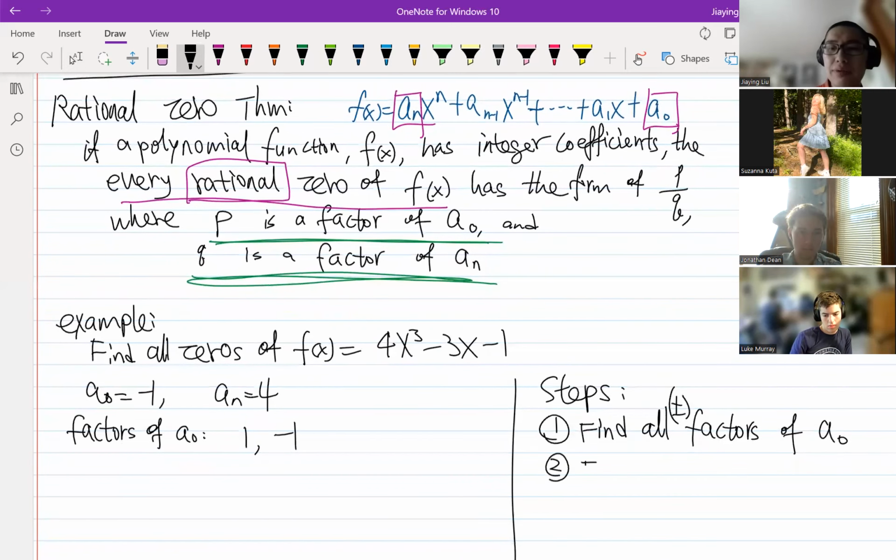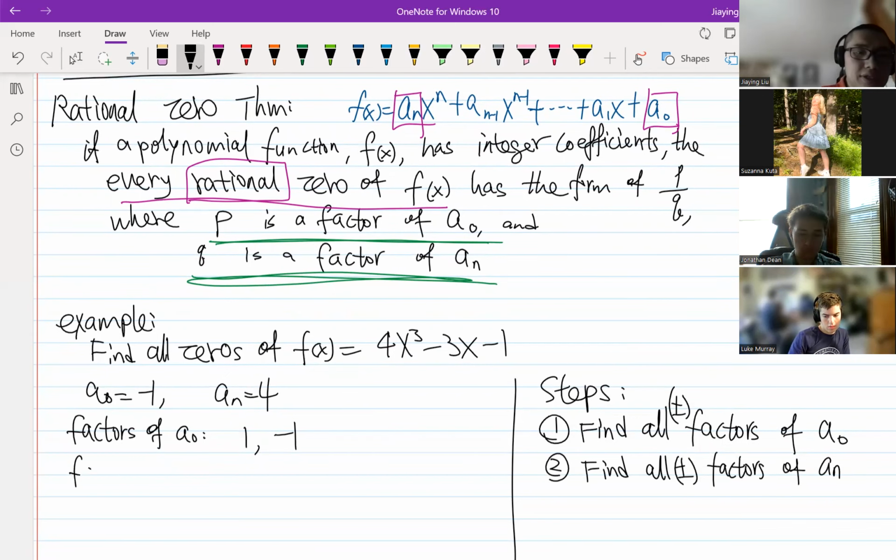And then the second step is we're going to find all plus minus factors of an. an is 4. So what are the factors of 4? Well, if we just look at positive, we know that 1, 2, 4 are the factors of 4.